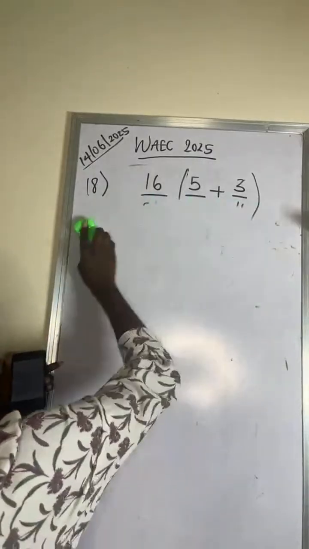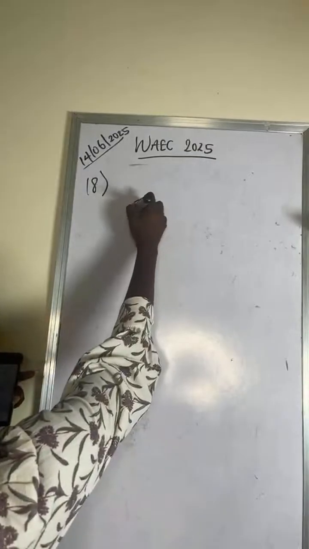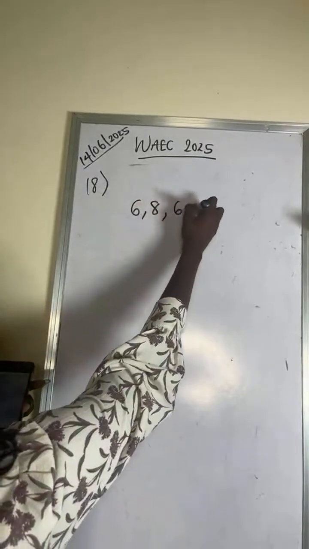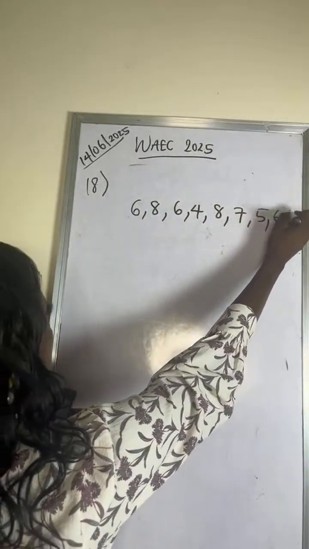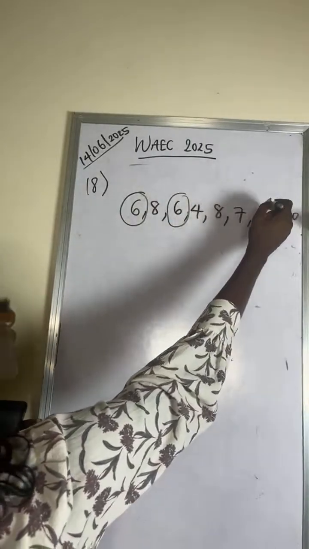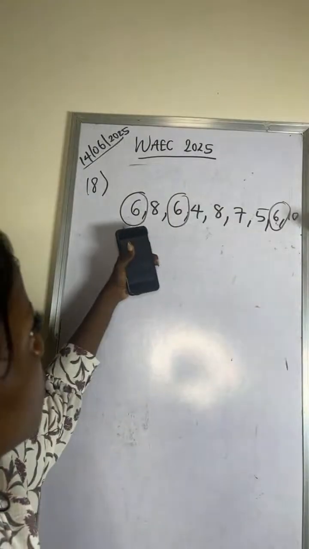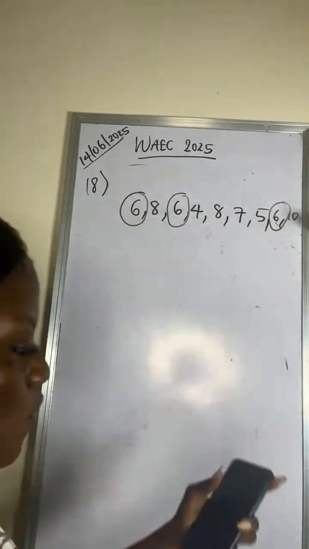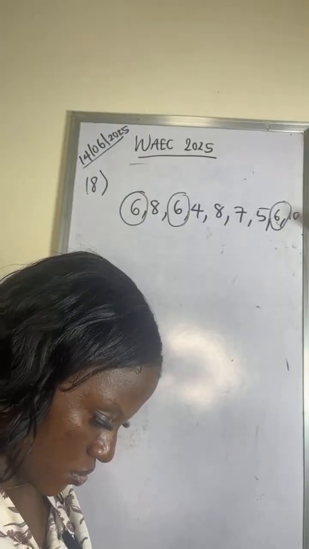Let me write it so you get it. So they give us the following numbers: 6, 8, 6, 4, 8, 7, 5, 6, 10. So if you really open your eyes, when you look at these numbers, the one with the highest occurrence is 6. So 6 is the mode. Mode is the highest number of occurrence.